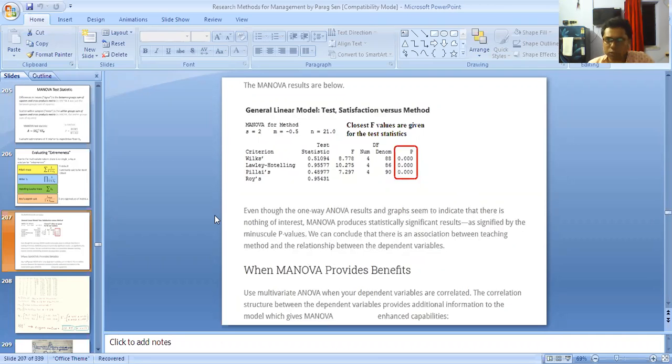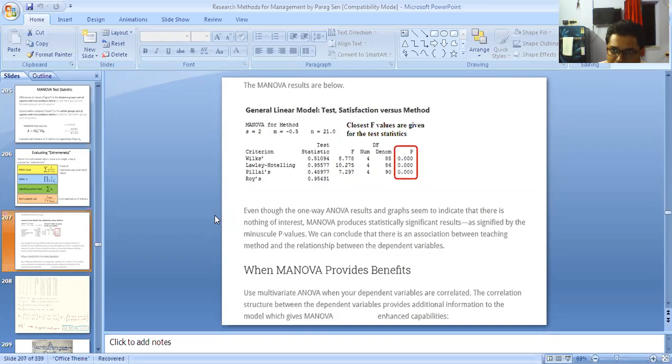So what I'm trying to say is that using MANOVA, from this case study, you can understand that your satisfaction level is not influenced by the teaching method.